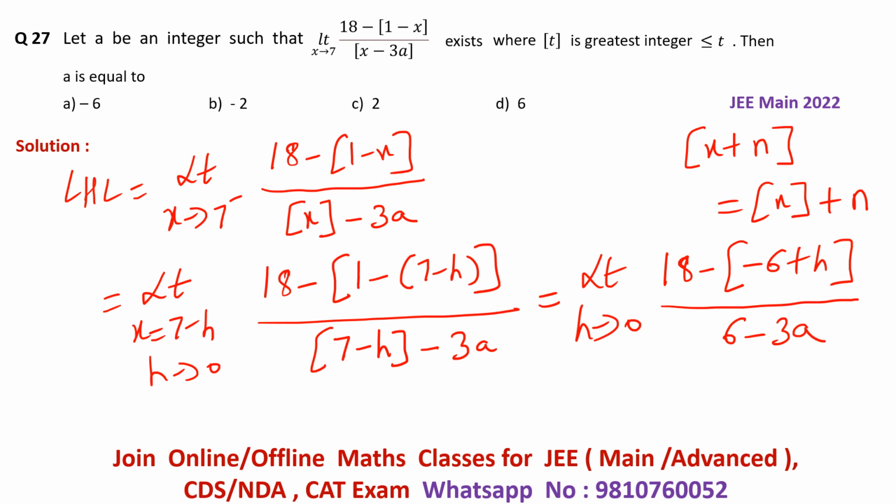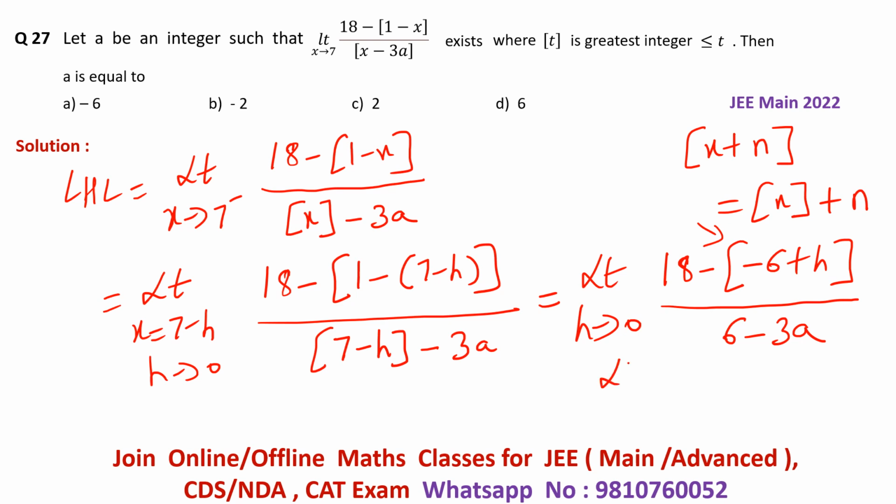Now students, what should be the value of GIF function of (minus 6 plus h)? Now h is a positive value, so minus 6 plus h will be a value greater than minus 6, right? That means this particular value is going to lie between minus 6 and minus 5. So obviously its greatest integer value is going to be minus 6 only.